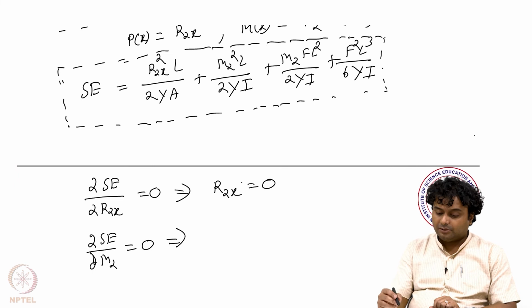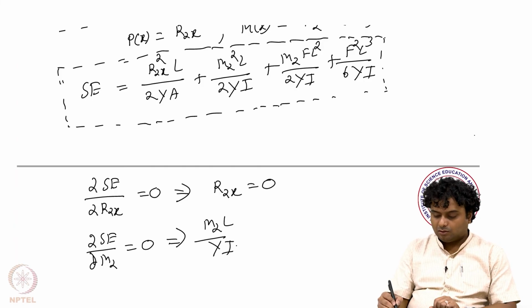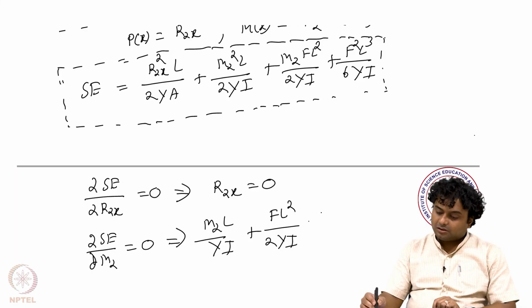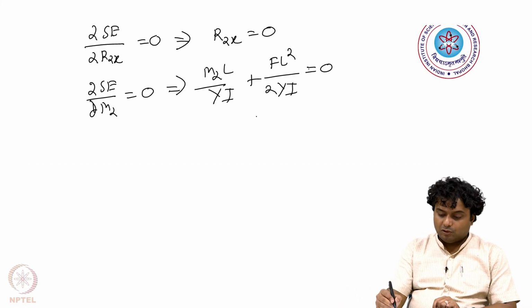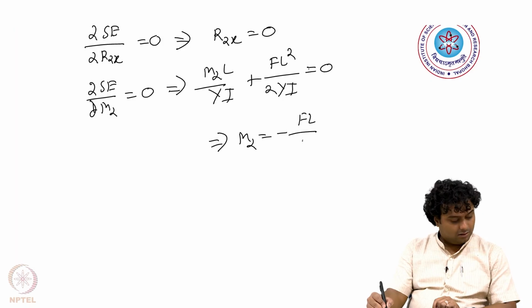If we take the partial derivative with respect to M2, the first term becomes 0 and the second term gives 2 M2 L by 2YI, so it is M2 L divided by YI, the 2 cancels off, plus F L square divided by 2YI. The last term, F square L cube by 6YI, also becomes 0 with respect to M2. So from this expression we get that M2 equals minus of FL by 2.